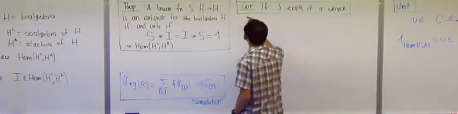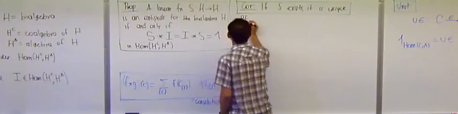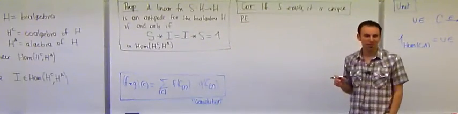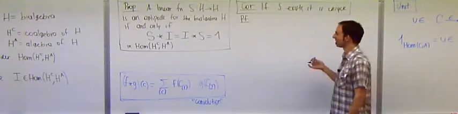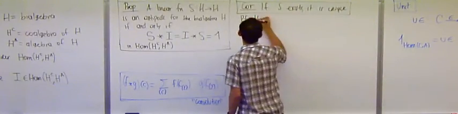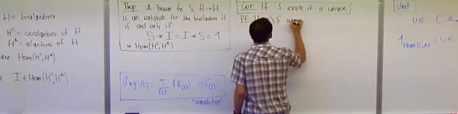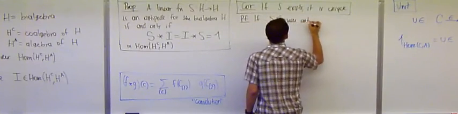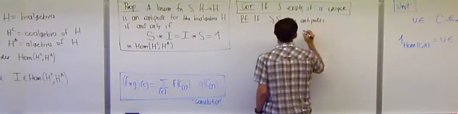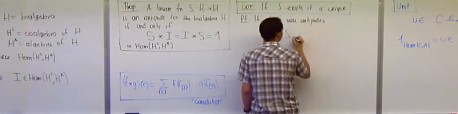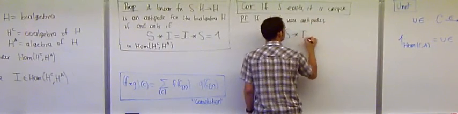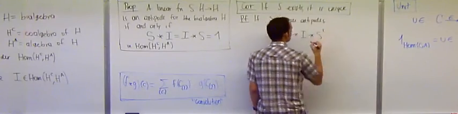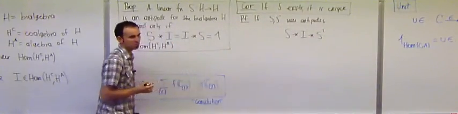And the proof is very easy. It's just, if you had S and S prime were antipodes, then just compute in Hom CA. Let's compute this.